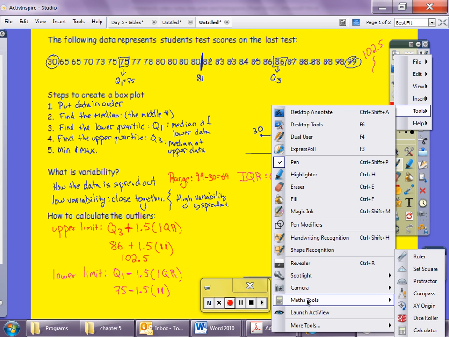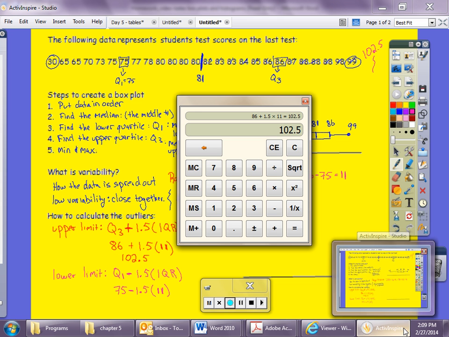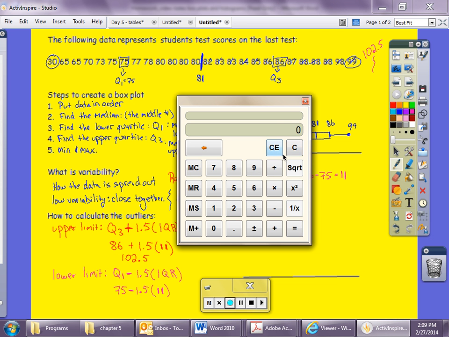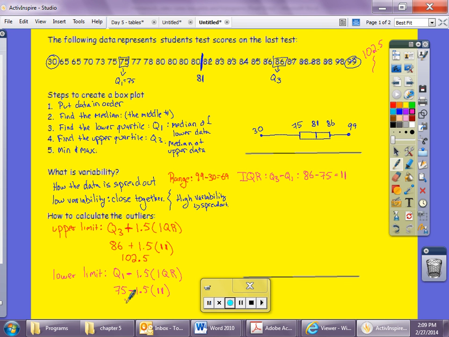So math tools, calculator. 75 minus 1.5 times 11 gives us 58.5. So our lower limit is 58.5.